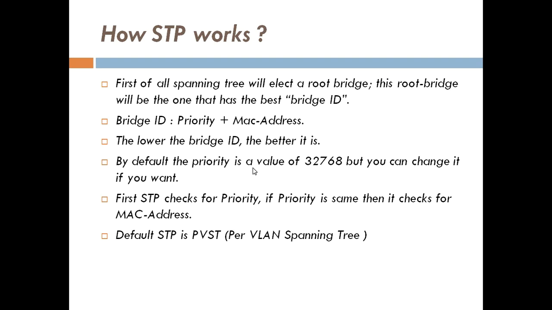If it can elect the root bridge with the help of priority itself, it won't look into the MAC address. If the priority is the same, only then will it look into the MAC address. By using the MAC address, the lowest one will be elected as the root bridge. And that's it. The root bridge is elected, and the process goes on with the further proceedings of how STP works.